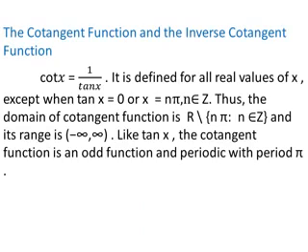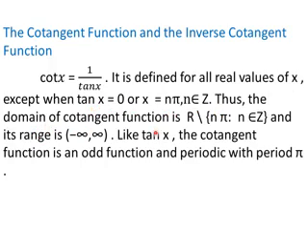The cotangent function and the inverse cotangent function. Cot x is equal to 1 by tan x, and this is defined for all real values of x except when tan x is equal to 0. Tan x is equal to 0 means x equal to n pi where n is an integer.